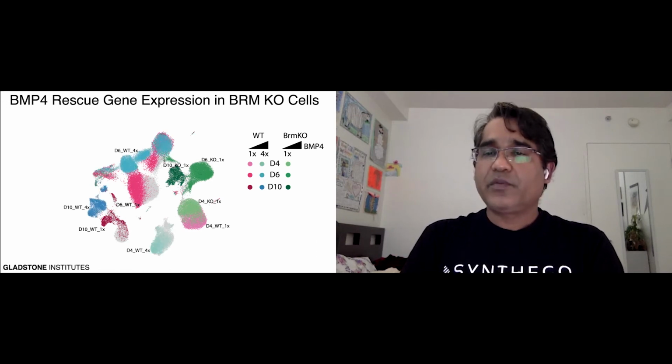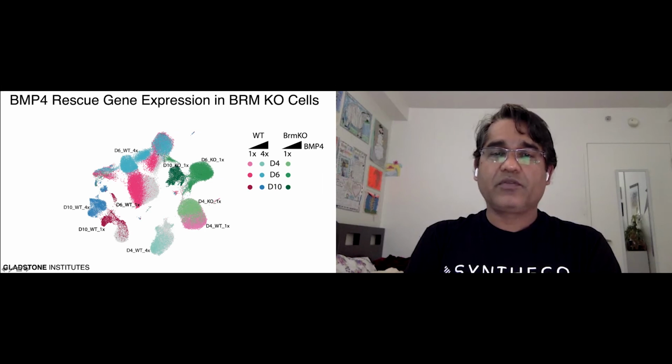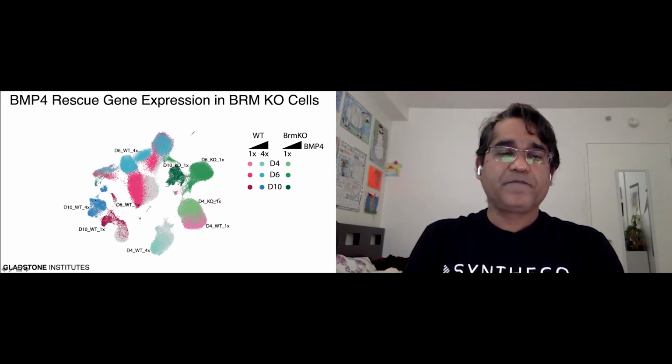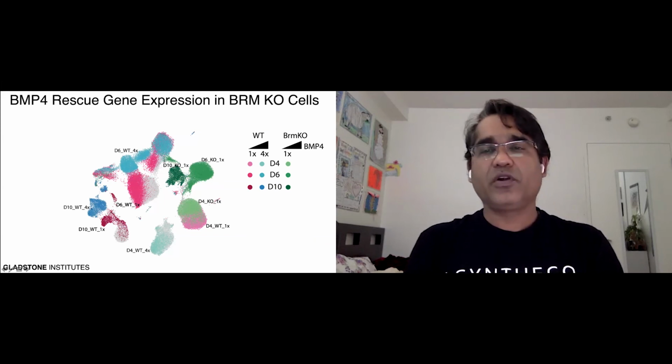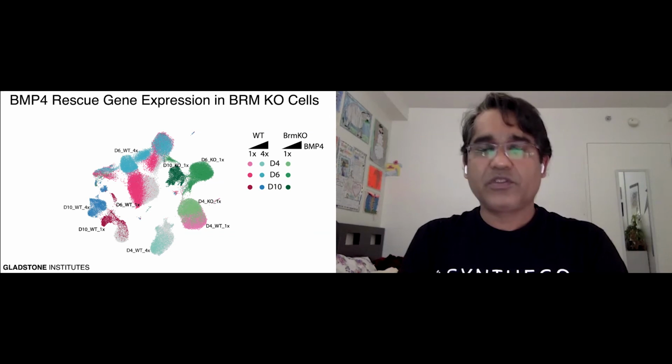If we increase BMP4 in wild type cells to 4x concentration, they differ from day 4, but day 6 is somehow intermingled with the low BMP4 day 6, and then they form clusters here that mostly give rise to blood and hematopoietic progenitors.